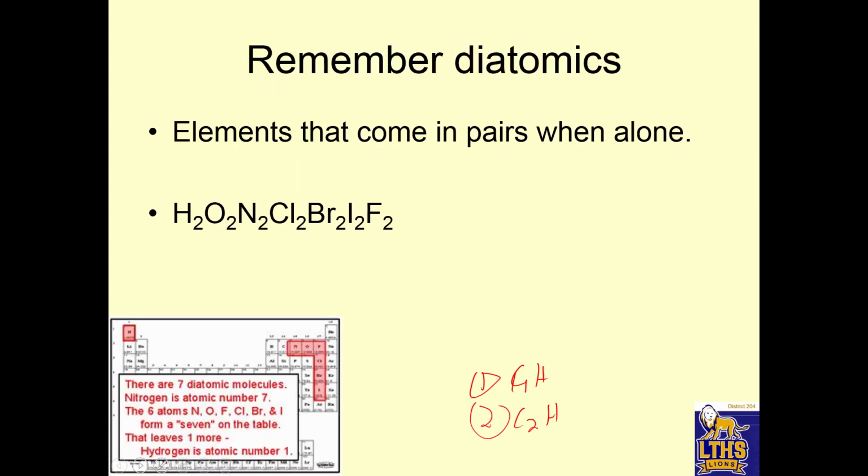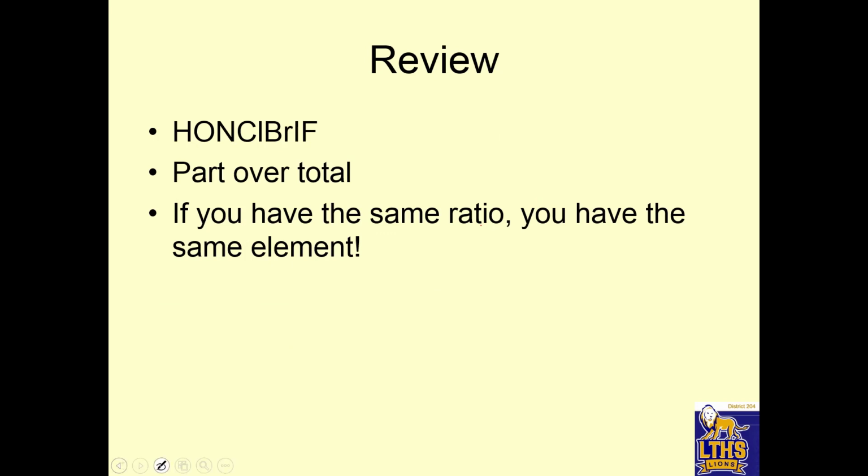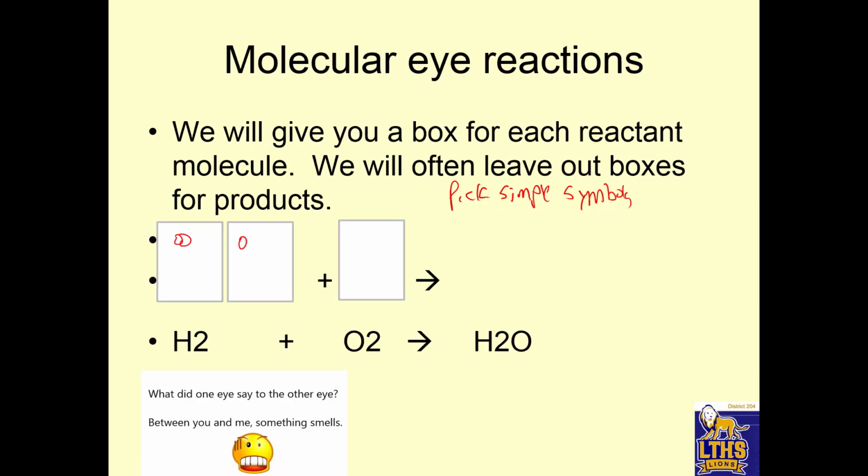Remember the diatomics, elements that come in pairs when alone. We'll give you a box for each reactant molecule, but we'll often leave out boxes for the product. You get to pick your own symbol. Pick simple symbols, not pentagons. So hydrogen, I put a hydrogen in there and I put a hydrogen in here. And over here I have oxygen. I'll make that a double box because they're diatomic.